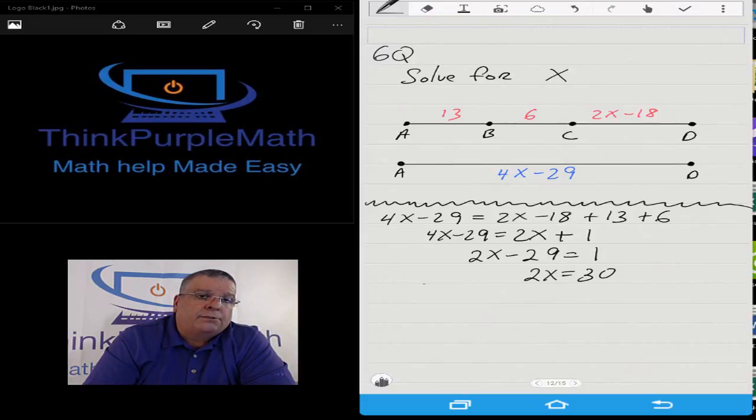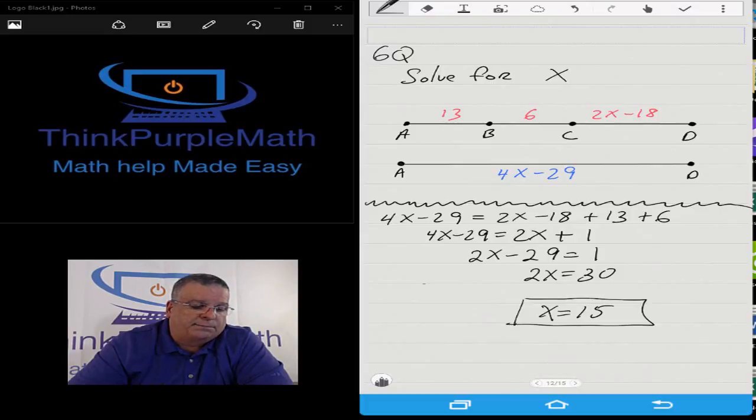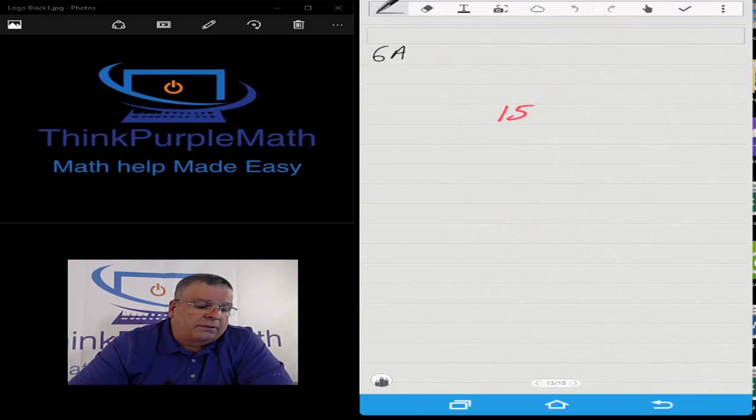I'm going to divide by 2, and mentally we're going to get x is equal to 15, and that would be your final answer. So in this case, the segment has been broken up into 3 smaller segments, and they combine into the entire piece. X is 15. Well, anyway, that's a look at segment addition postulate.